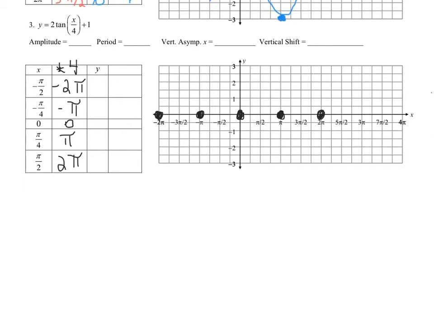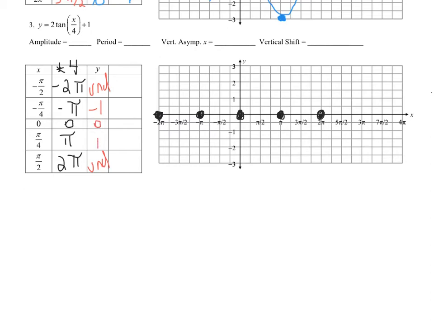And so I know that tangent is undefined at negative pi over 2 and at pi over 2. And my values for tangent at negative pi over 4 are -1, tangent of 0 is 0, and tangent of pi over 4 is 1.